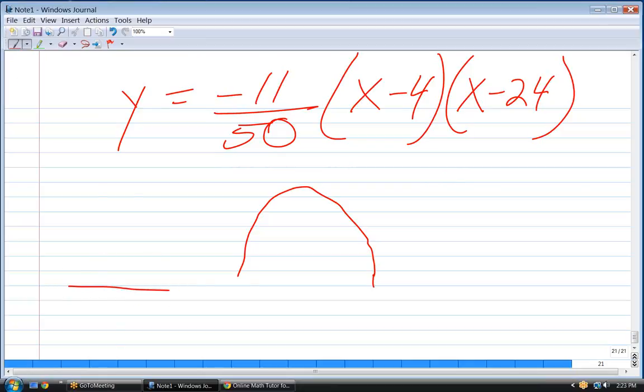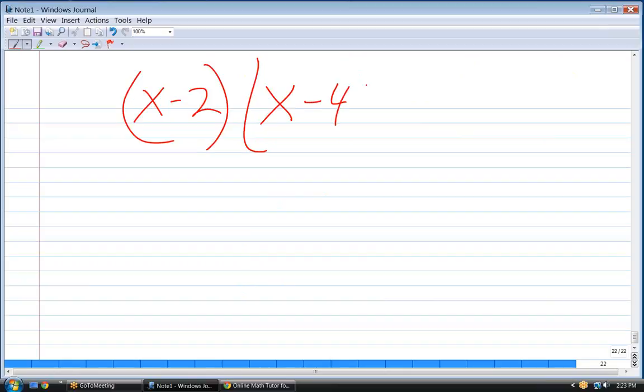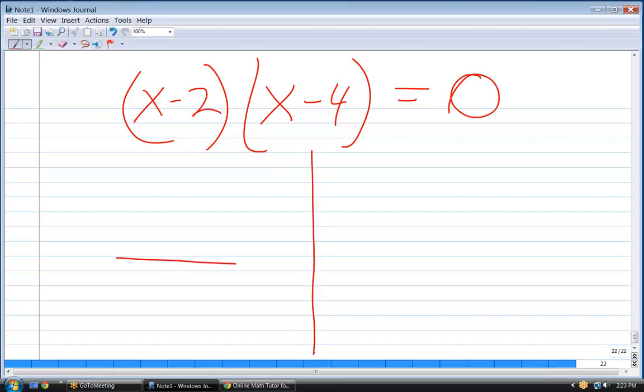So I can give you the numbers it gives me on the graph. Well, hold on a second. Let's talk about quadratics in general. Let's talk about a real simple one. If I told you that x minus 2 times x minus 4 was equal to 0, and I say graph that, well, I know it's a quadratic. I know it's a parabola. The question is, where does it go through the x-axis?